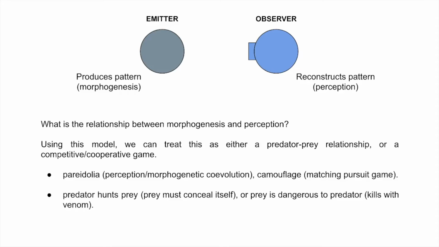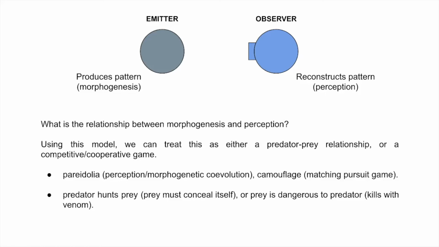And this is a game that we call a morphogenetic game. This is where you have the observer that reconstructs the pattern through perception from the emitter, which produces a pattern. So one exhibits morphogenesis and the other exhibits perception or attention. And so these two agents will compete against one another. And so this is answering the question, what is the relationship between morphogenesis and perception?